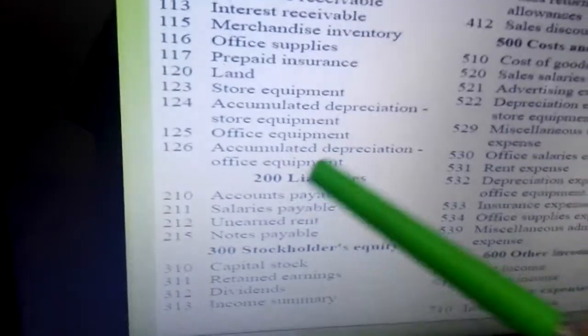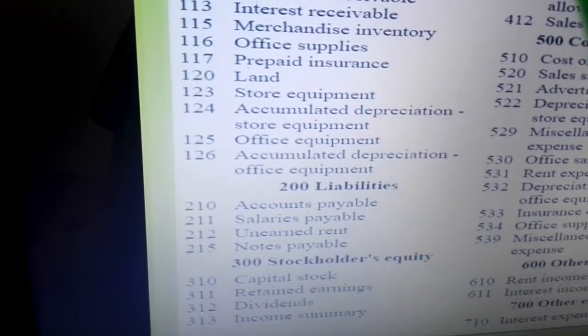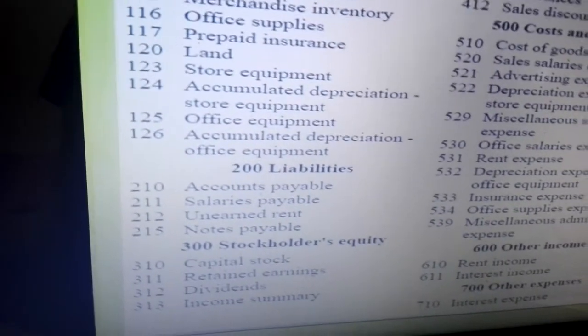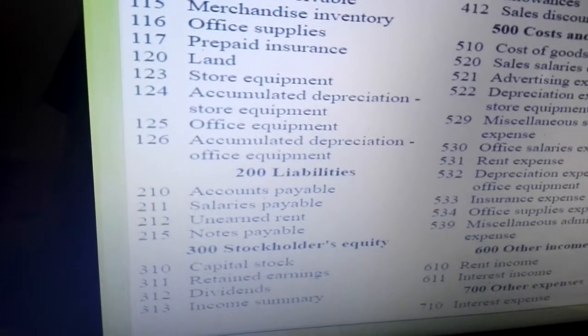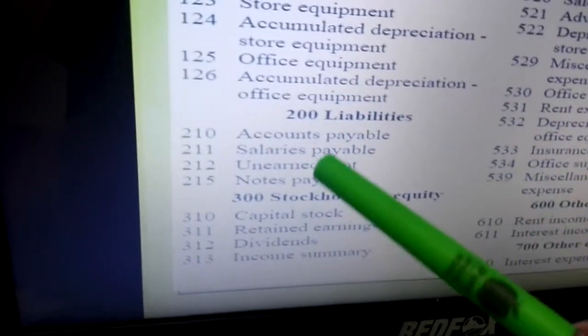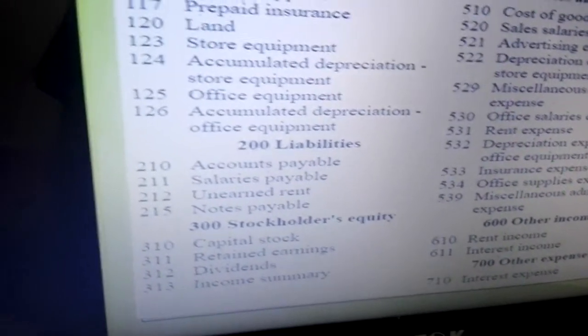So let's say you have the liabilities. You have accounts payable, salaries payable, unearned rent, notes payable, rent payable, taxes payable, wages payable, utilities payable. So all of the things that the company owes to other parties.